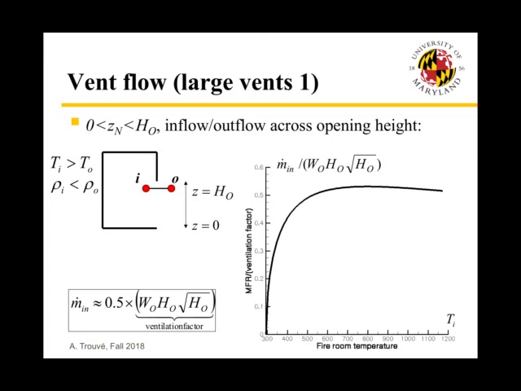If you want more accurate expressions that are valid for a two-layer description of the gases inside the fire room, and are valid also for lower temperatures, well, you need to use the theories that are described either here in part 1, or that will be described in the next set of slides in part 2.